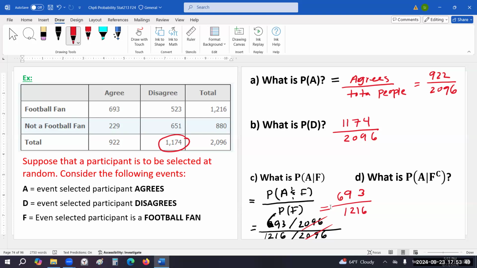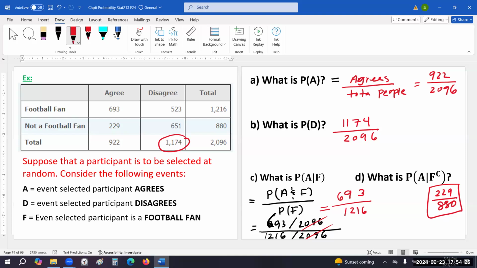Okay. Then what's the probability of being agree given that it's not a football fan? I said 229 over 880. Anybody disagree? No? Anybody did not understand why it's 229 over 880?